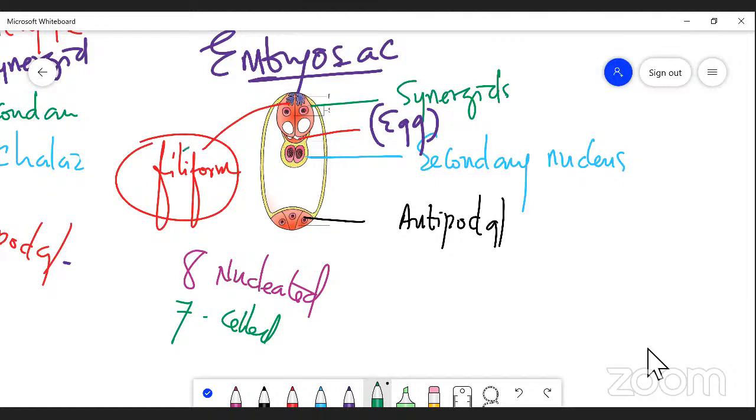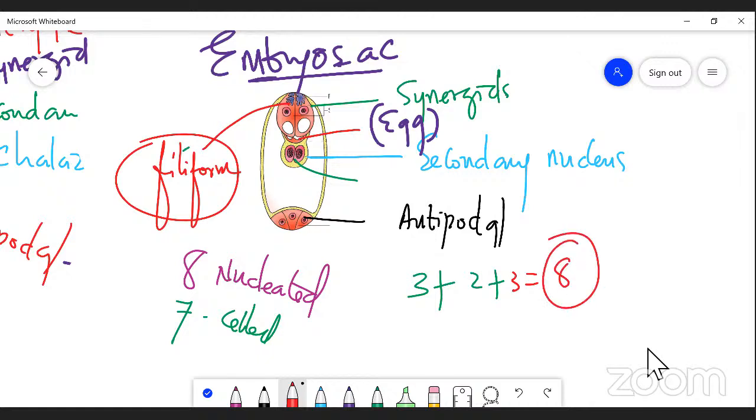When you look at the embryo sac, you can see 8 nuclei. 3 nuclei are found on the upper side, at the center you find 2 nuclei, and on the lower side you can see 3 nuclei. So totally, 3 plus 2 plus 3, 8 nuclei. But these 8 nuclei are enclosed by 7 cells. This is a very important area to concentrate on, right? This is the way by which the embryo sac or female gametophyte is developed.